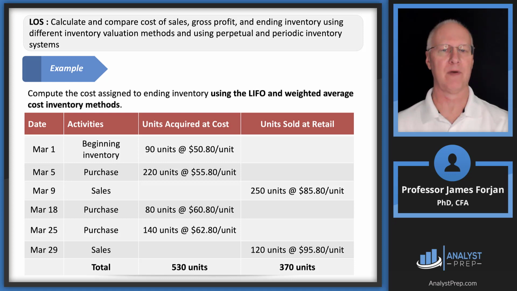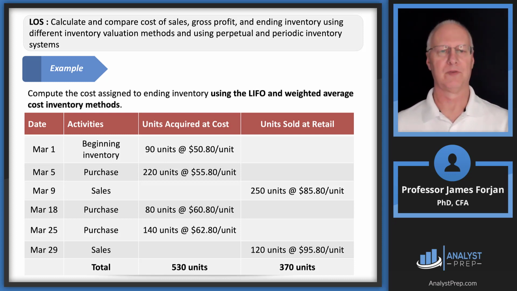Here we have a table of activities during March, units acquired and units sold. Look at the very top there. What we're going to do is consider LIFO and the weighted average cost inventory methods. And we're going to compute, among other things, the costs assigned to ending inventory.